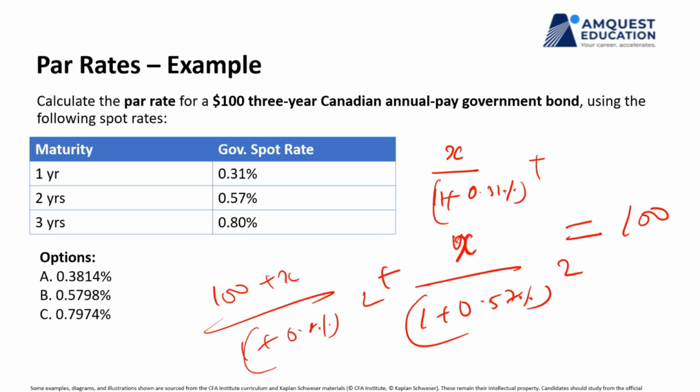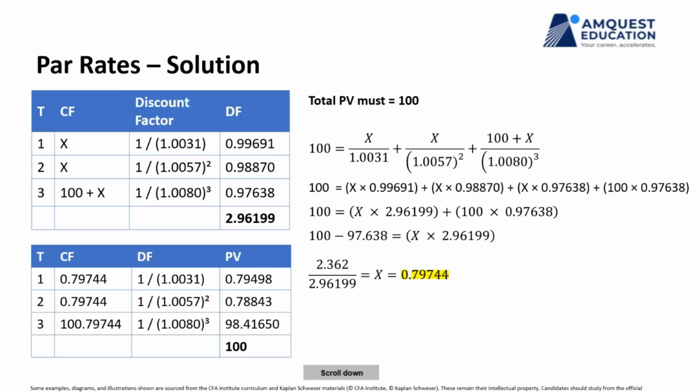So we have to solve for X. We need to see what should be the coupon rate or par rate at which the bond should be issued so that it trades at a value of $100. Remember, we are calculating the numerator here. We are calculating the coupon here. Total present value must be 100. 100 equals X upon this plus X upon this square plus 100 plus X upon this cube.